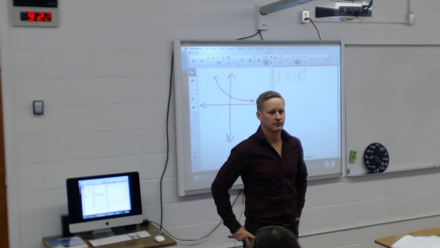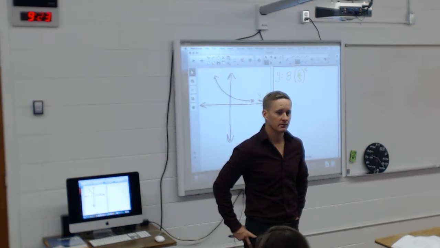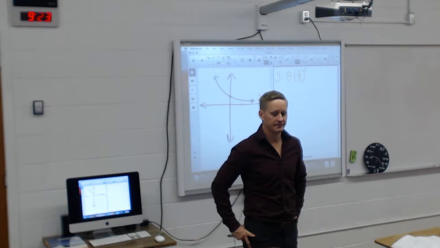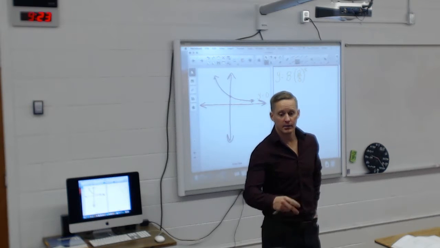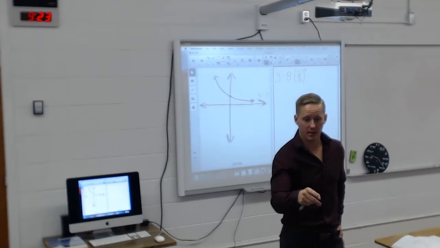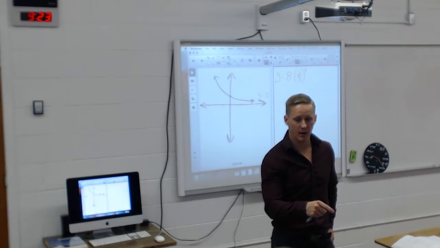Stat, calculate, go down. Exponential regression. What do you do after? Oh no, you do the same thing you did in the last section. Line 1, line 2, y1, right?